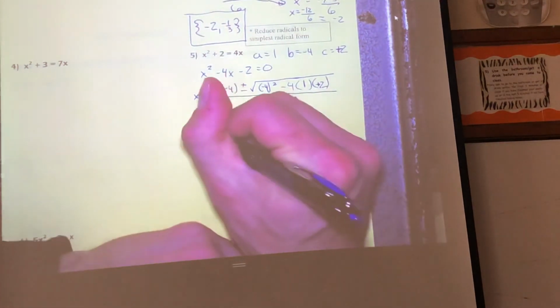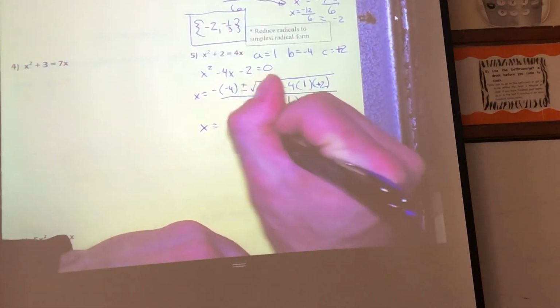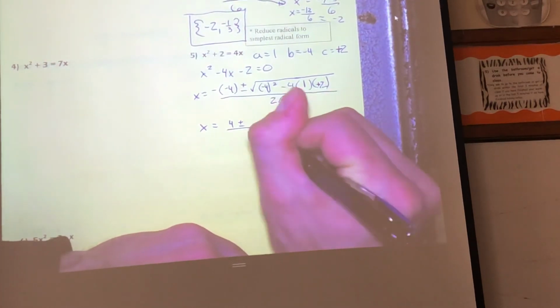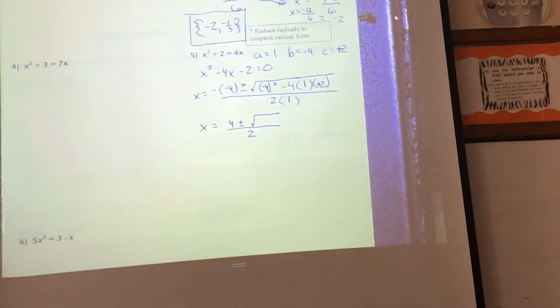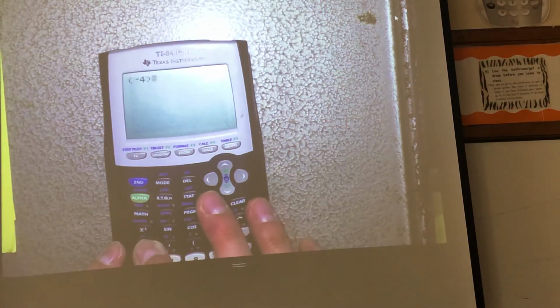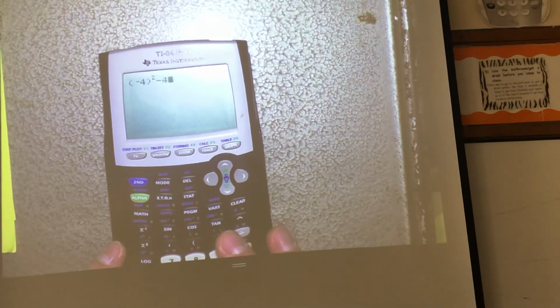So I'm going to simplify the outside. So x is equal to 4 plus or minus 2 times 1, which is 2. I'm going to get the radicand simplified, also known as the discriminant. I'm going to plug in, so negative 4 squared minus 4 times 1 times positive 2. Make sure it's a positive 2. I get 8.